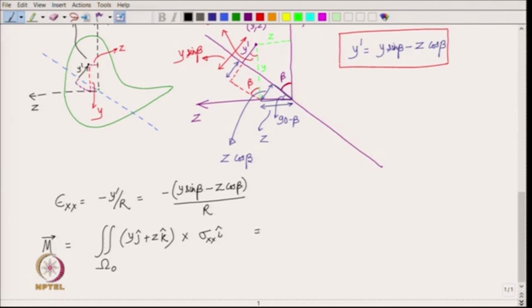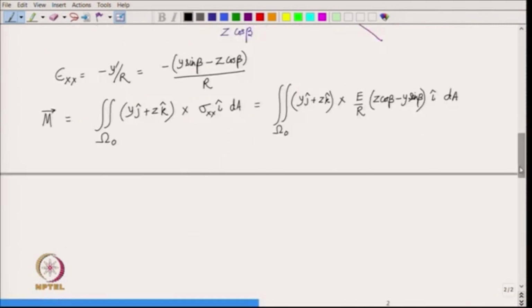We also have dA. So, this is y j plus z k cross product E over r times z cosine beta minus y sine beta, i dA.